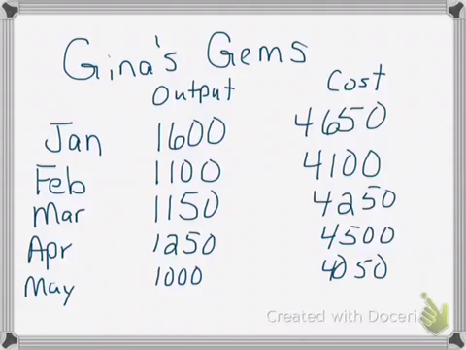So we have our output levels for January through May. We also have our cost for January through May. And what we have to do with the high-low method is we are going to be looking at the high output level, and we also want to look at the low output level.